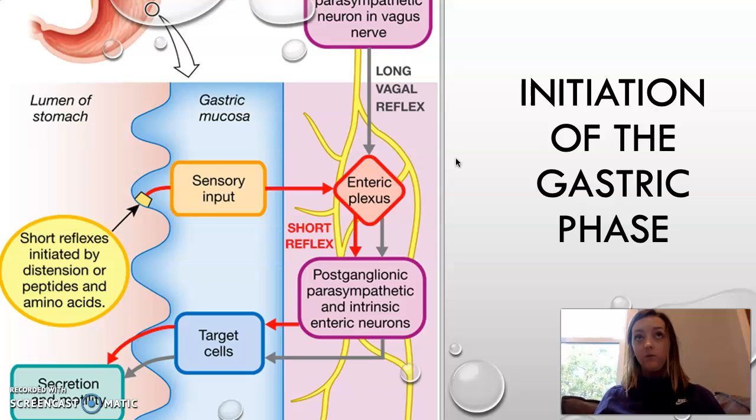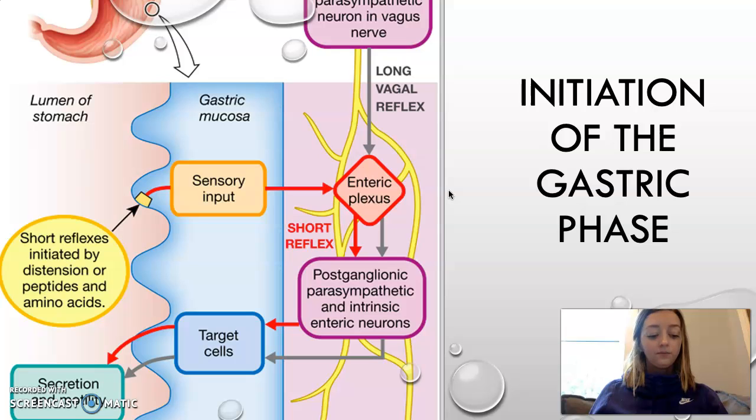So once the food is entering the stomach from the esophagus, that's where the cephalic phase ends, excuse me. So when food enters the stomach, there are short reflexes that are initiated by distension or peptides and amino acids.